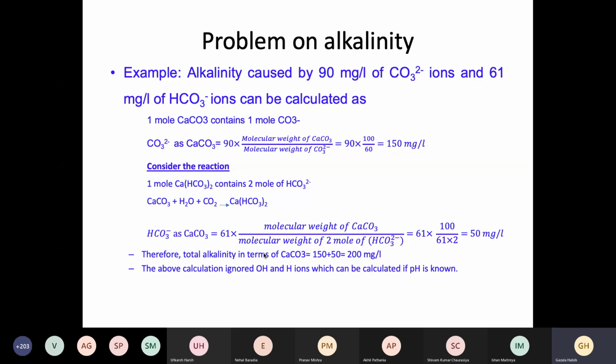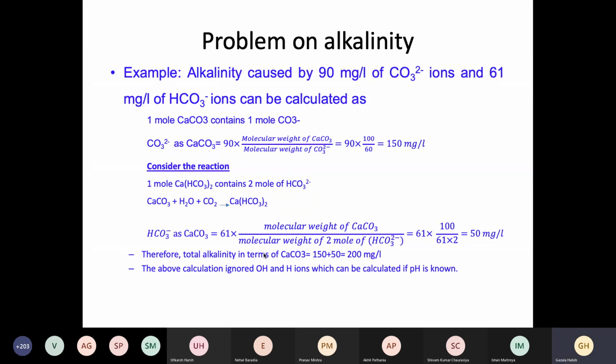Then we convert HCO3 as CaCO3: we take the amount of HCO3 given in the problem, multiplied by the molecular weight of CaCO3, divided by the molecular weight of 2 moles of HCO3. Okay, this is what you were saying, right?